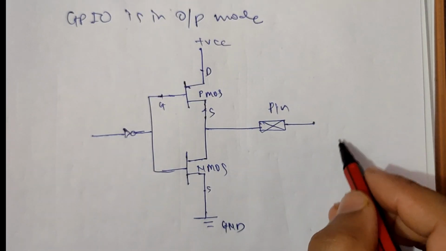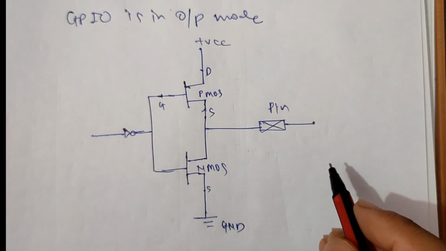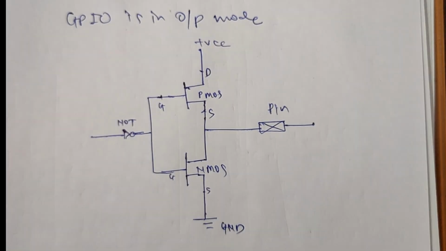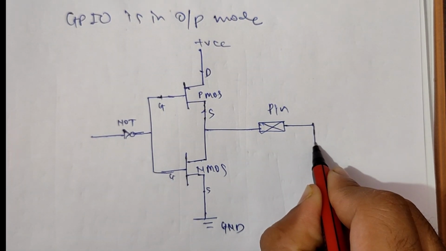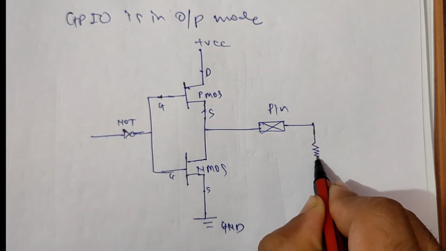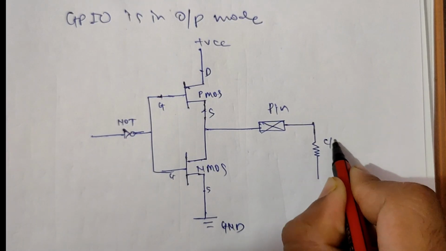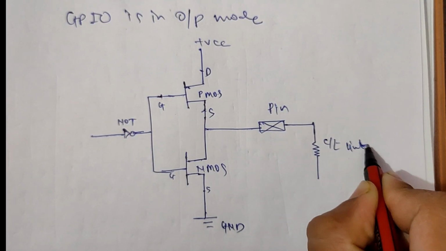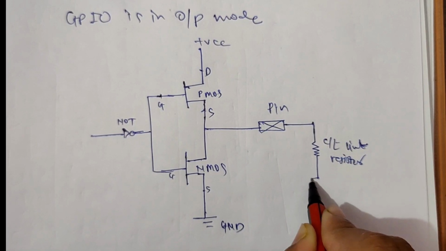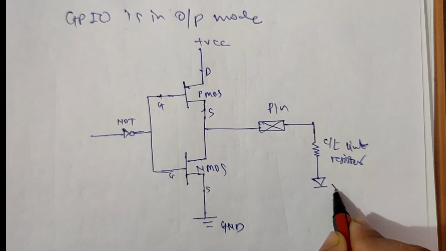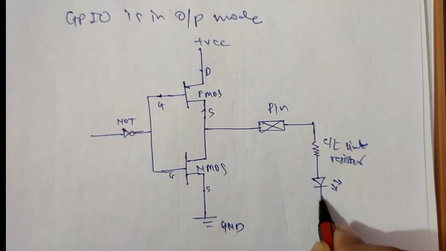Any load means an LED or anything that we can connect. I am connecting an LED here for easy understanding. I am connecting a current limiting resistor, then the LED connected to ground.